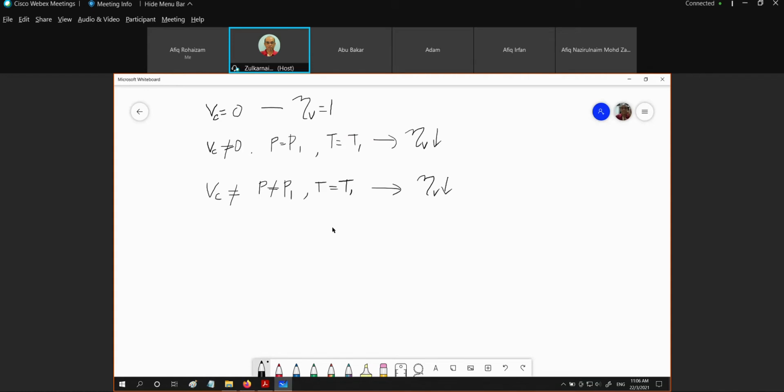And then to avoid this dropping of volumetric efficiency, when we increase the pressure of delivery, then to avoid that, we go for the multi-stage compression. Okay, multi-stage compression. Right?